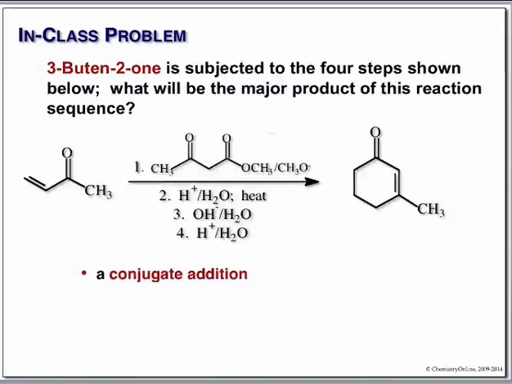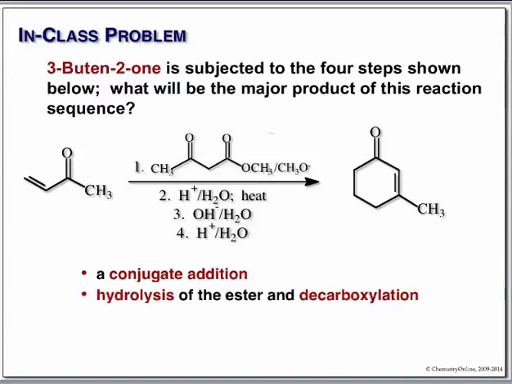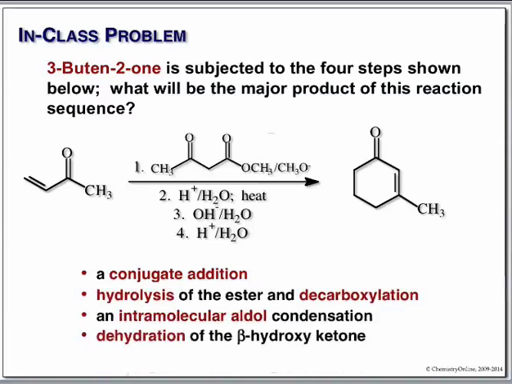Step two, hydrolysis and decarboxylation, beta-ketoacid. Step three, intramolecular aldol condensation. And step four, acid dehydration to give the alpha-beta unsaturated ketone. Any questions?